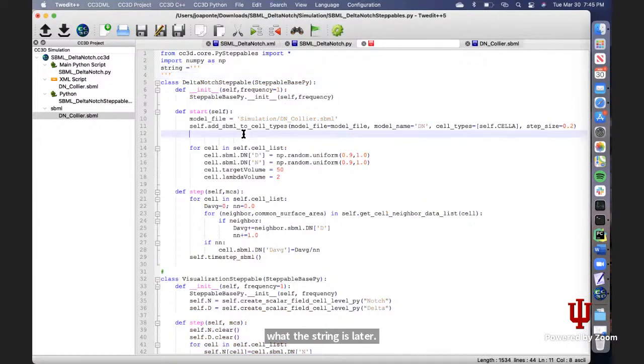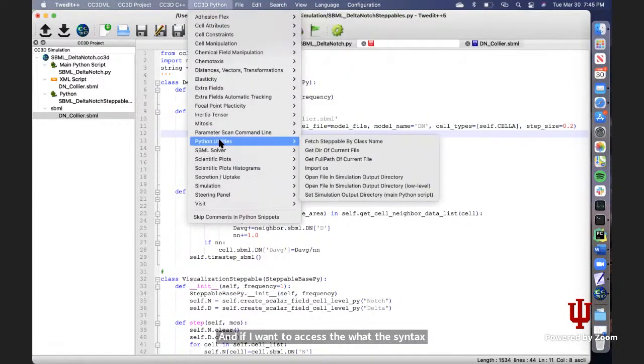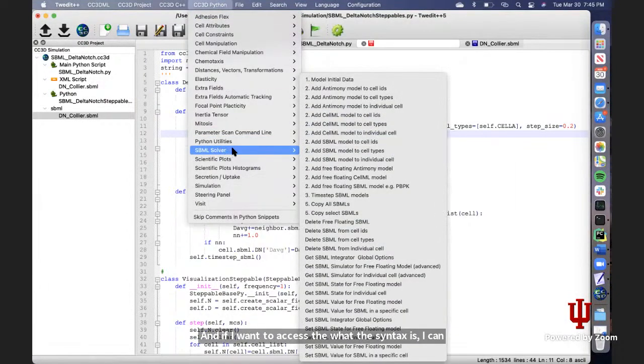And then I can use a different syntax to, instead of loading the SBML model, load the Antimony string instead. And if I want to access what the syntax is, I can come to CC3D Python, SBML solver, and you'll see a bunch of options here.